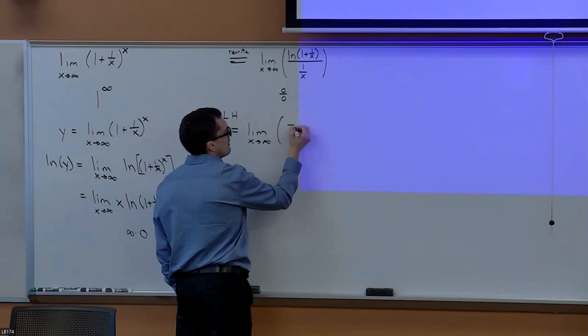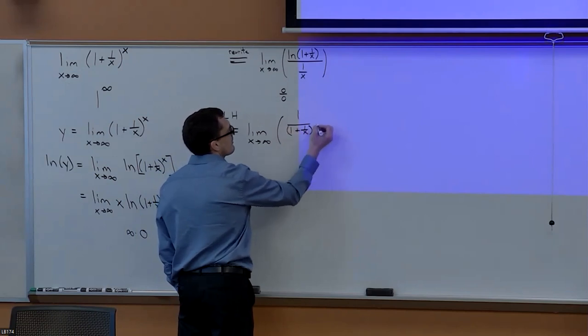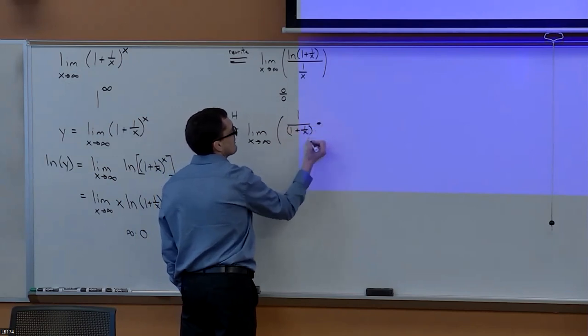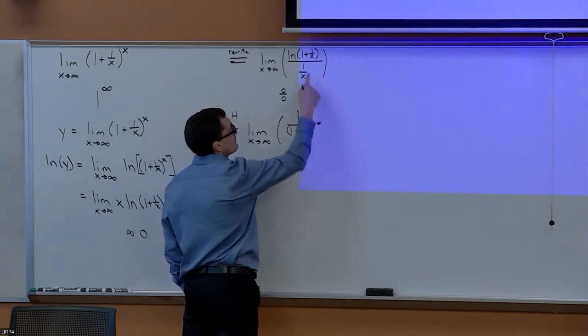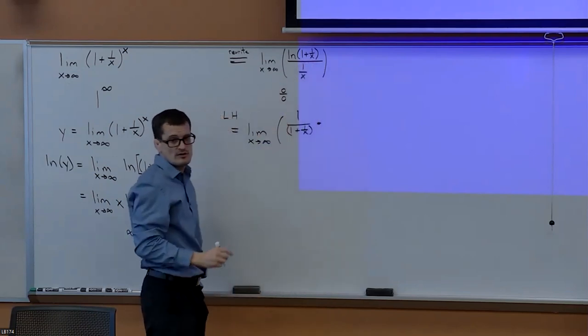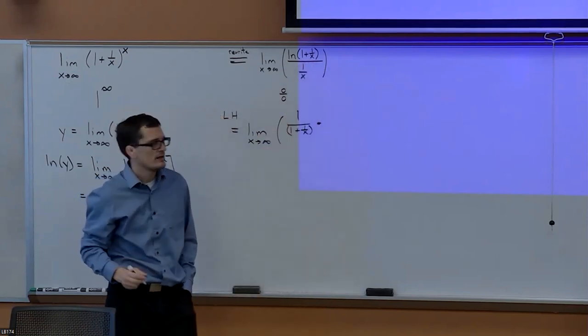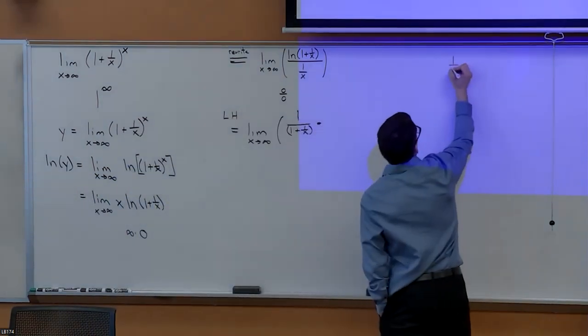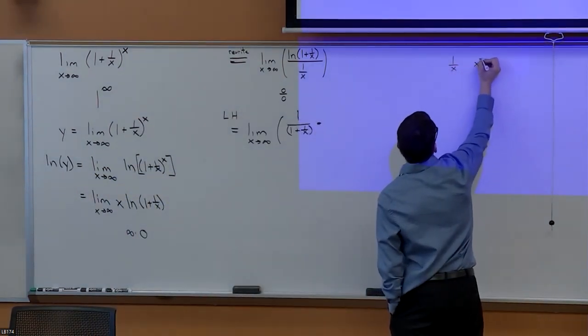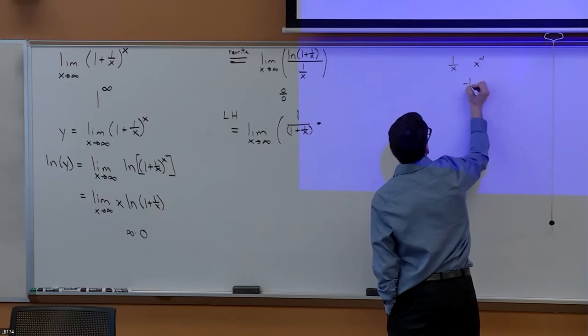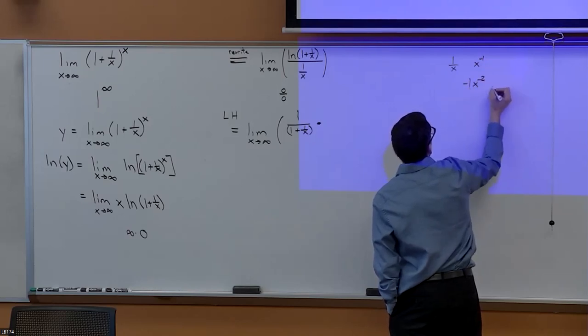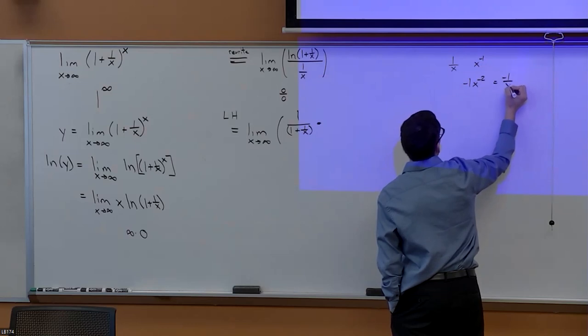Derivative of natural log is 1 over whatever's in the argument. And then I have to multiply times the derivative of that argument. Now, just so you know, 1 over x is the same thing as x to the negative 1. So if you take a derivative, you get negative 1 over x squared.